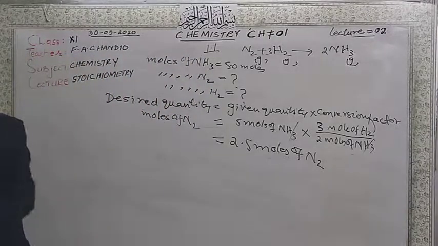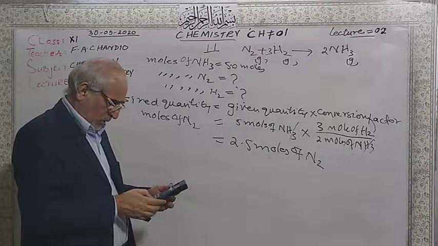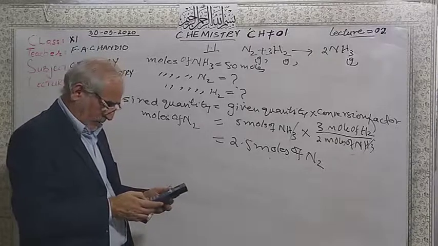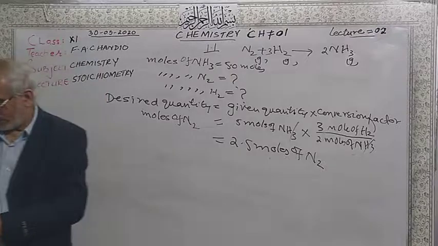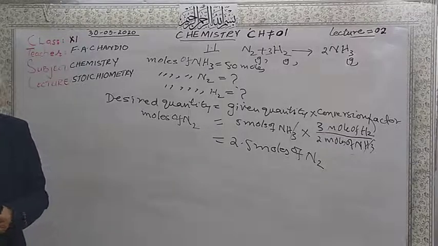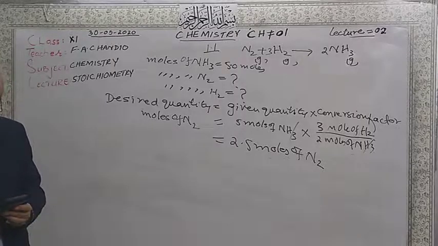The answer will be 3 divided by 2, which is 1.5, multiplied by 5.